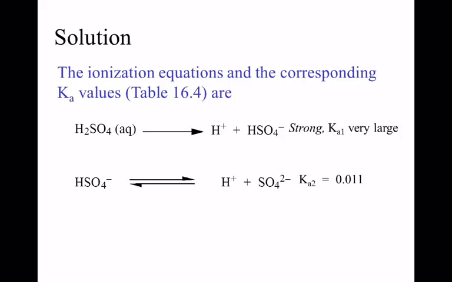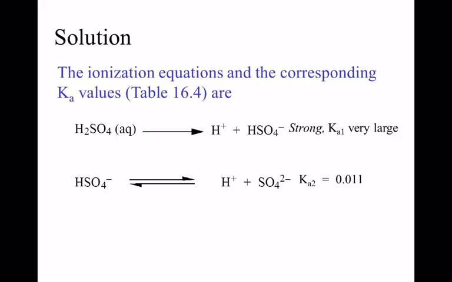Ionization step 2 takes this guy and makes it donate that proton. So here we go, HSO4-. Now this is actually a weak acid. When it donates a proton, it turns into the sulfate ion, SO4 2-.